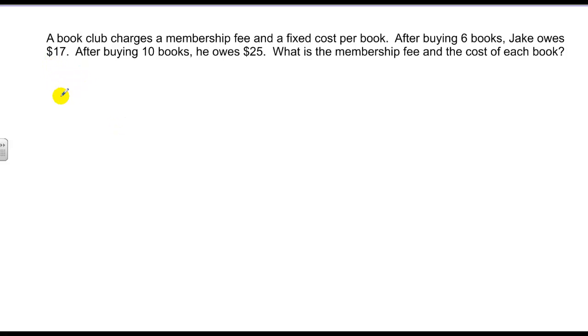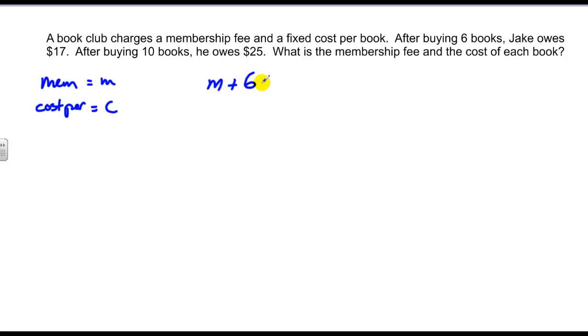So let's call our membership fee M and our cost per book C. And it says we've got the fixed cost, or the membership fee, plus 6 books.